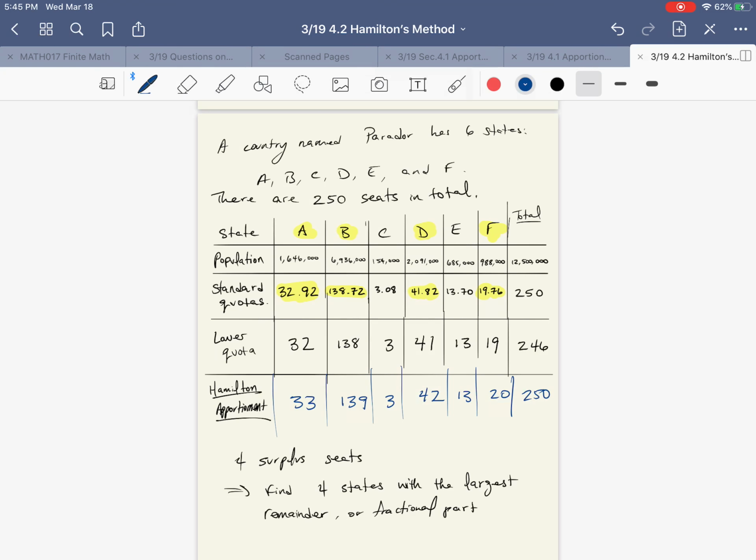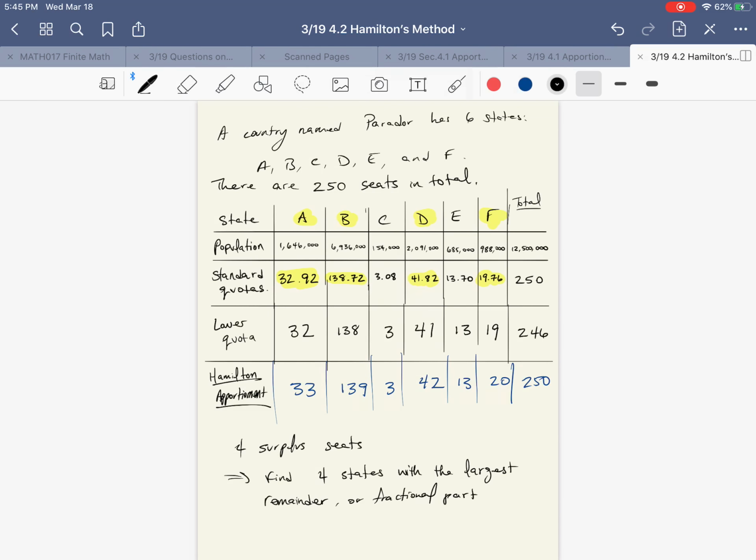At first glance, I think it seems quite intuitive, and I hope it seems quite intuitive to you as well. If we can't be sure that just normal rounding will always give us the right number of seats, well, we can be sure that if we round everybody down, that we'll have enough seats, at least, right? Maybe too many.